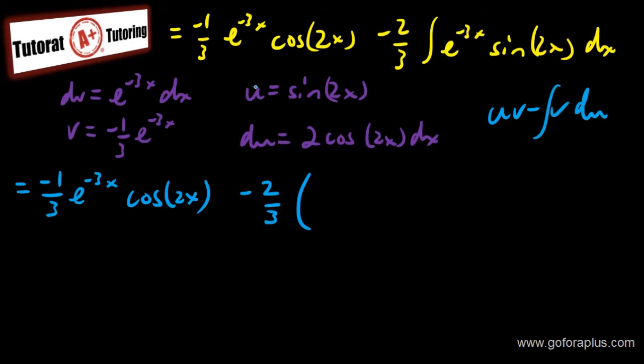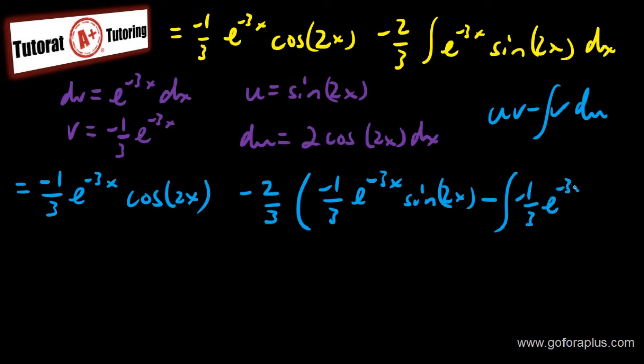So I have u, which is sine of 2x, v to be minus 1/3 e to the minus 3x, sine of 2x. Subtracting the integral of v, which is minus 1/3 e to the minus 3x, du, which is 2 cos of 2x, and then dx plus c, right? So I'm a little bit squished here. So let me rewrite all this in my next page.